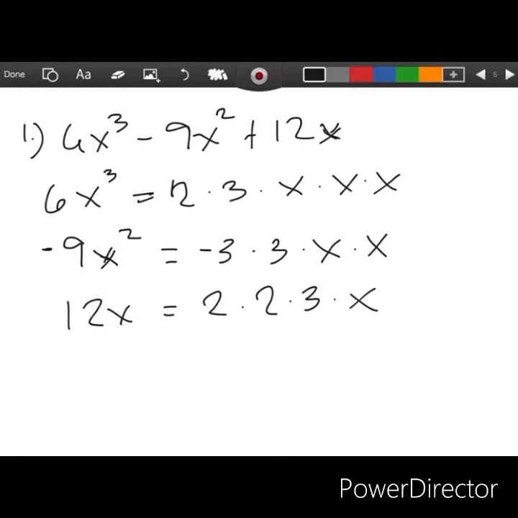We need to find the common terms. We have 3, 3, and 3. Then we have x, x, and x. Okay, get the product. We have 3x.